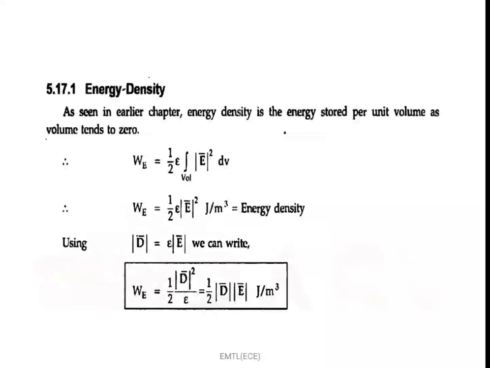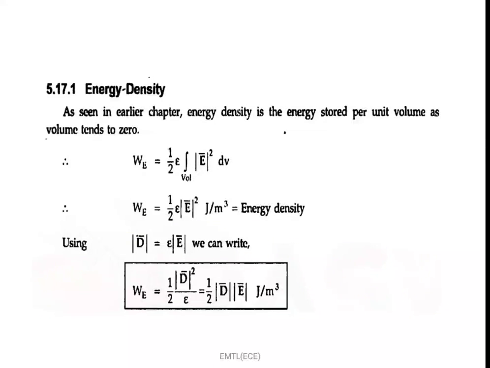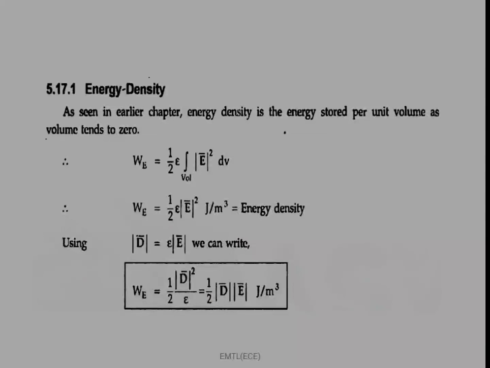We also discussed the energy density, and the energy density expression is WE is equal to half epsilon E square, or half D square by epsilon, or half D bar E bar.